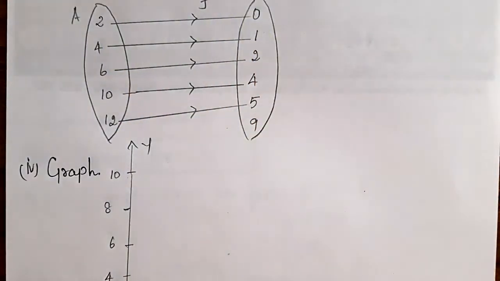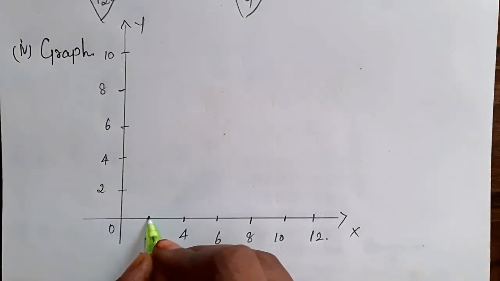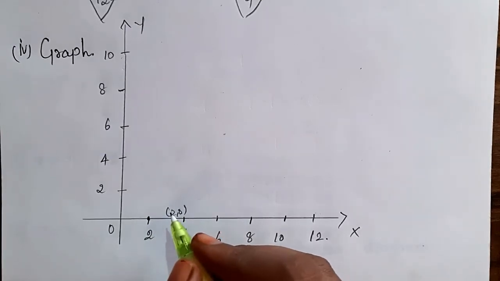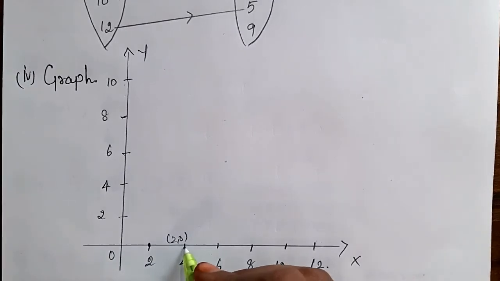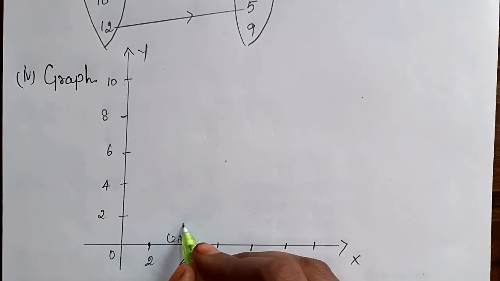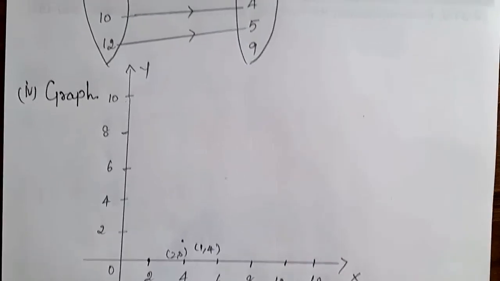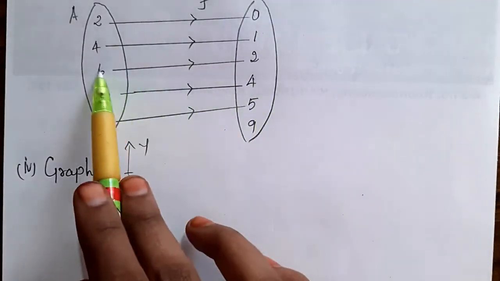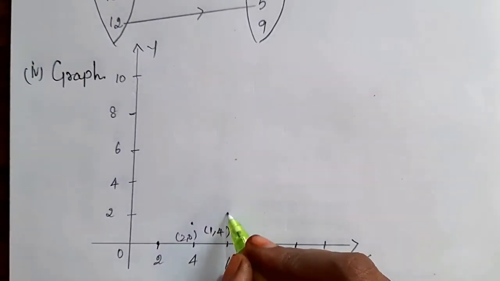2, 0. Where is 2, 0? 2 in the x-axis, so 2, 0 will be here. Next one is 4, 1. So 4 is here, and the value 1 will be in between 0 and 2. Next one is 6, 2. So 6 is here, then 2 is here.